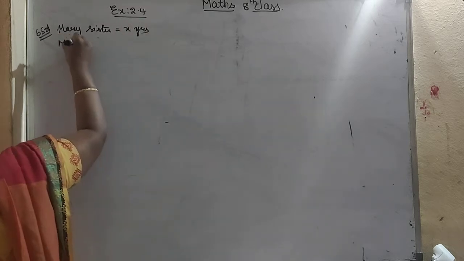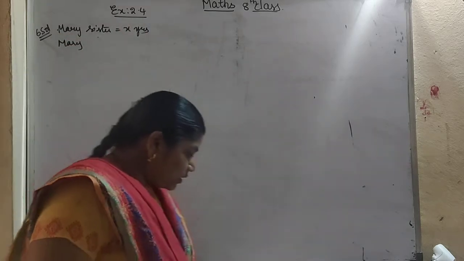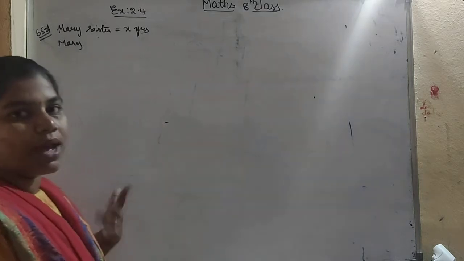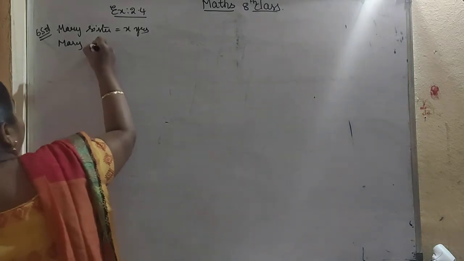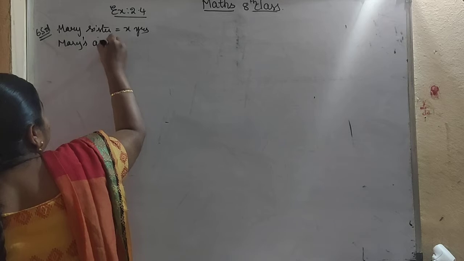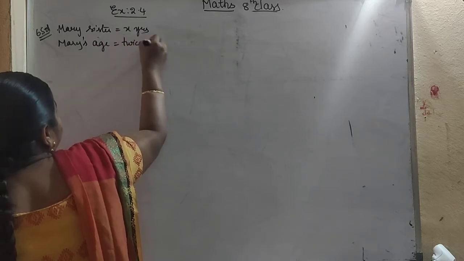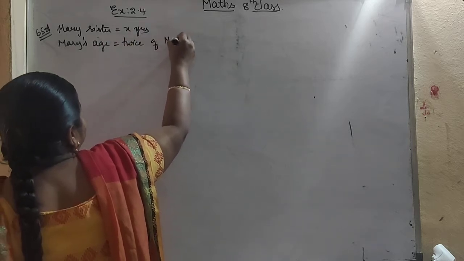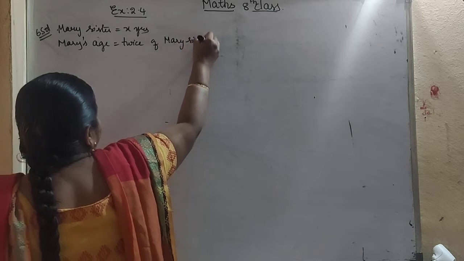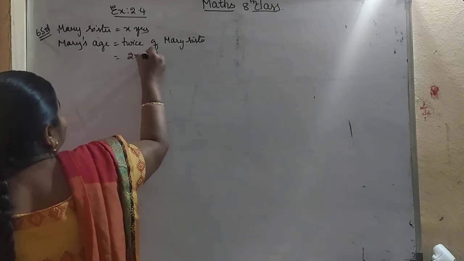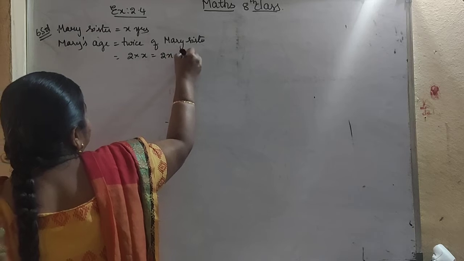And what will be Mary's age? She is how many years older? That is twice older. Twice is nothing but 2 times. So Mary's age is equal to twice of Mary's sister, that will be 2 into x, equals 2x years.